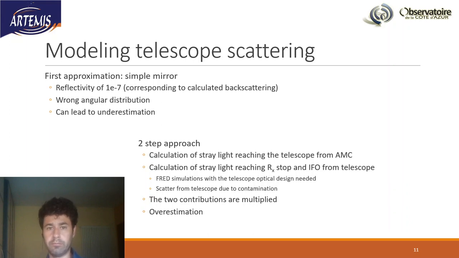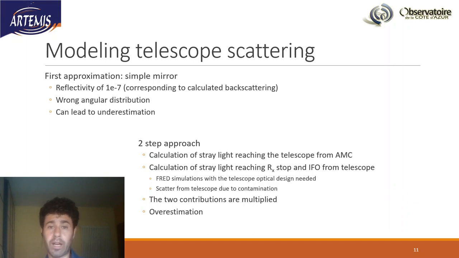With the optical system I showed before, I calculated the stray light from the 4 elements reaching the telescope, and then with a second optical design, I calculated the stray light generated in the telescope and reaching the RX stop and interferometer.